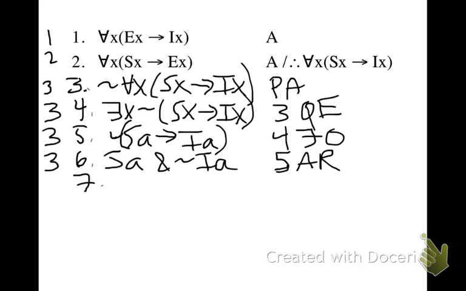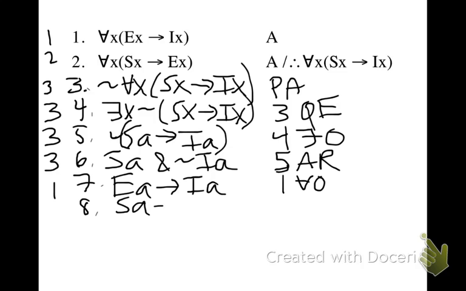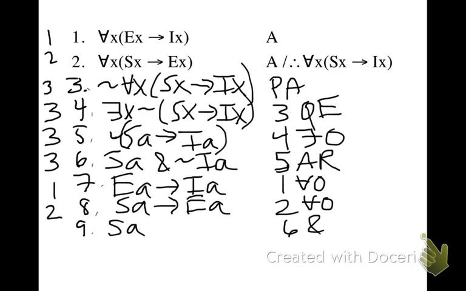Okay, and then we instantiate the formulas on line 1 and line 2. So that's 1 universal out, and it'll depend on 1. And then SA arrow EA, that's by 2 universal out, and it'll depend on 2. Then we get SA from line 6 ampersand out, which depends on 3.